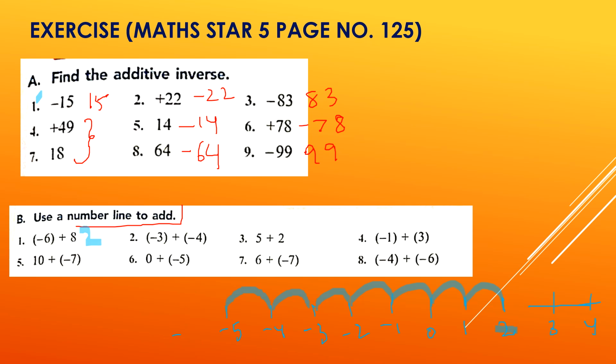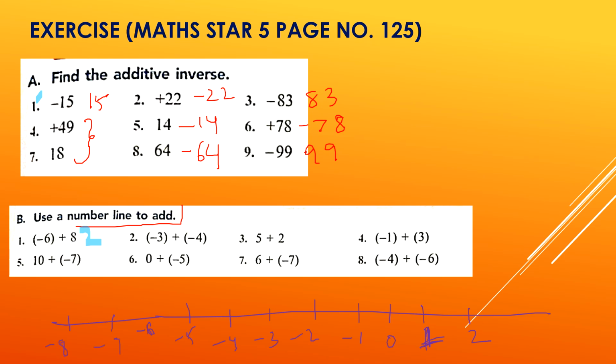Let me show you with another example, that is question number 2, that is -3 plus -4. So here you see both the numbers have got same sign, both are minus. So let us make the number line, and let us say this is 1, this is 2, this is 1, this is 0. So -1, -2, -3, -4, -5, -6, -7, -8.